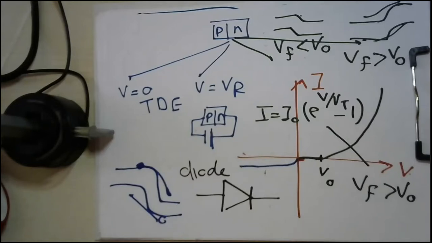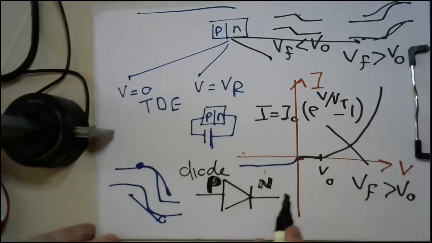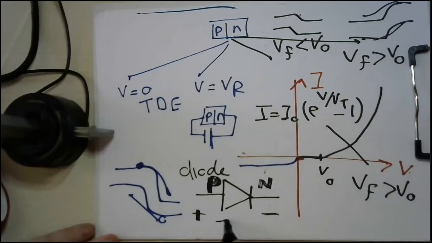So, current will pass only if the voltage is applied correctly. This is the P side and this is the N side. We call these the anode and cathode. If the voltage here is positive and the voltage here is negative, which is a forward bias, then the current will move in the same direction as the arrow represented by the diode symbol.